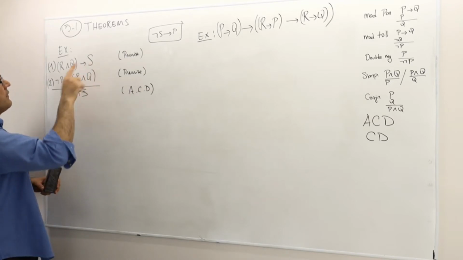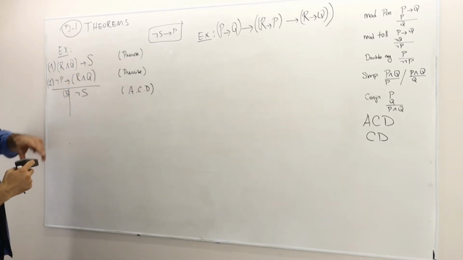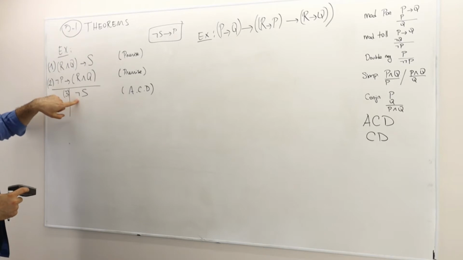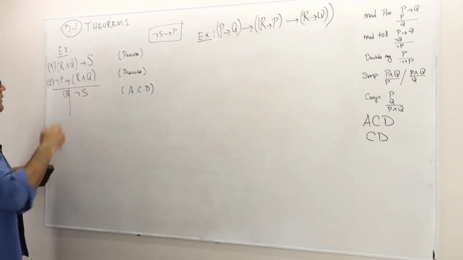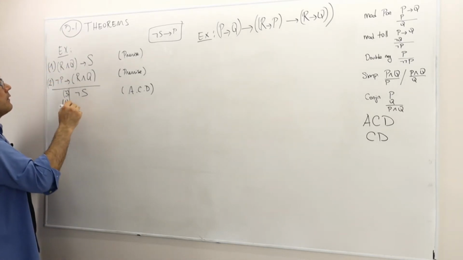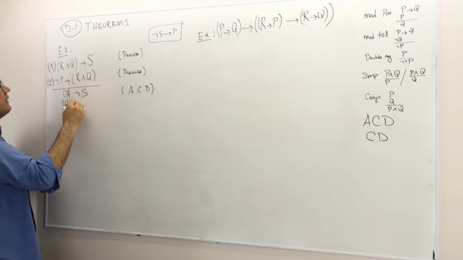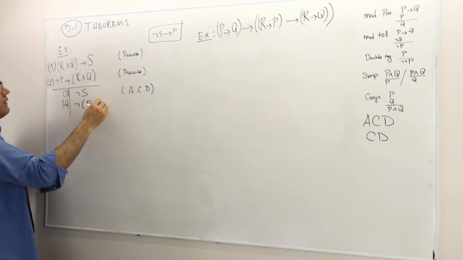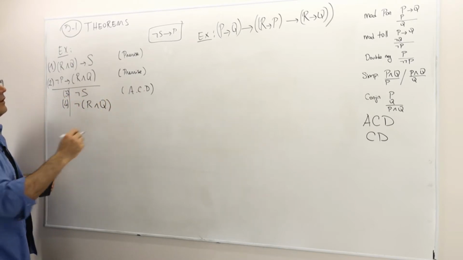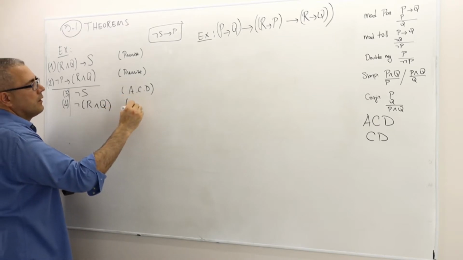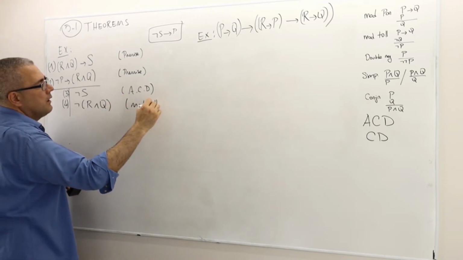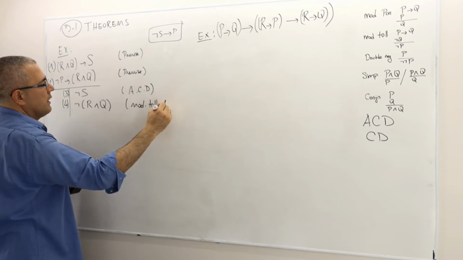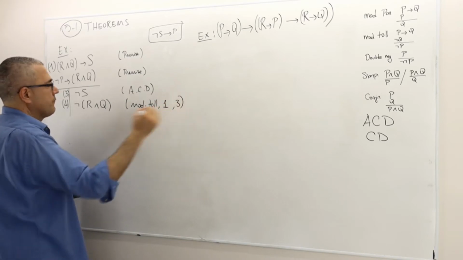So if not S is true, well here, use premise number 1 and line 3. So this is modus tollens. I must have not R and Q. All right, so this is modus tollens between line 1 and 3.